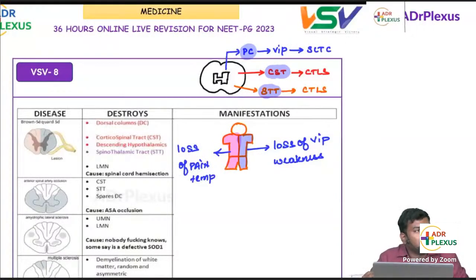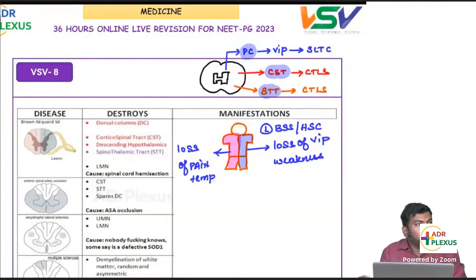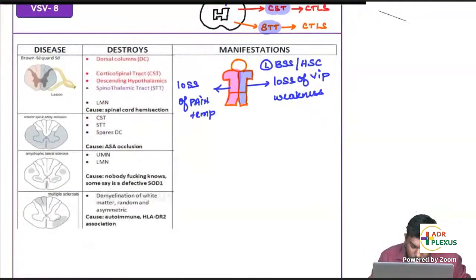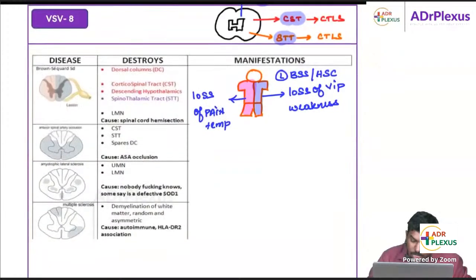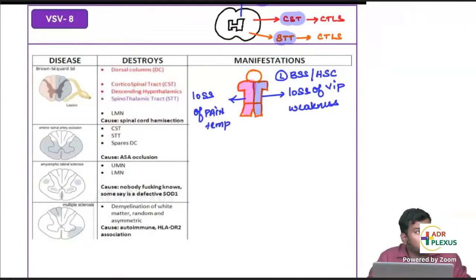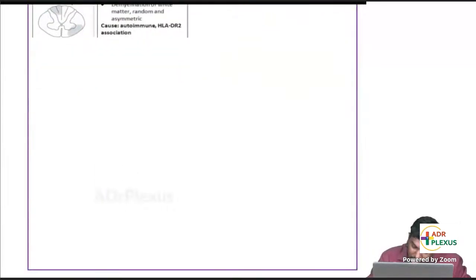What is this condition called? Brown-Sequard syndrome. Which side is the lesion? VIP is vibration, position, proprioception. So here it is going to be left Brown-Sequard syndrome, or hemisection of the cord. Clear? Now coming again to your spinal cord.